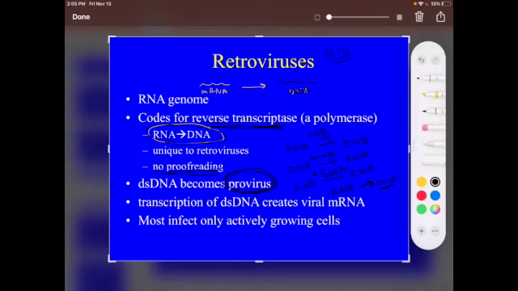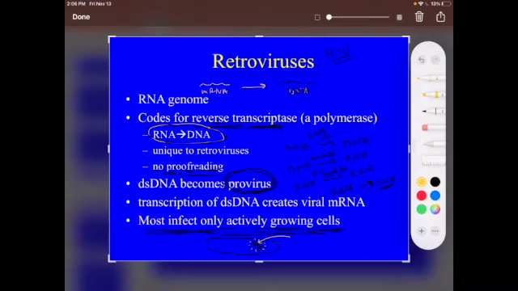Now, most of these only infect actively growing cells because think about it. If something is going to get inside a eukaryotic cell's chromosome, doesn't it have to get into the nucleus because that's where the chromosomes are? And how the heck is something going to get inside the nucleus? Except when a cell is dividing by mitosis. Isn't that when the nuclear membrane breaks up and all that?